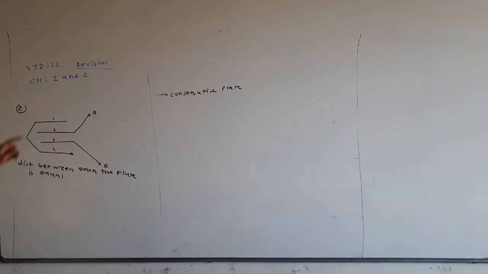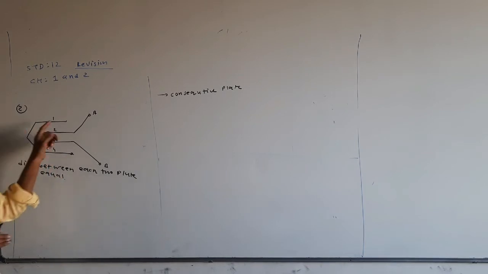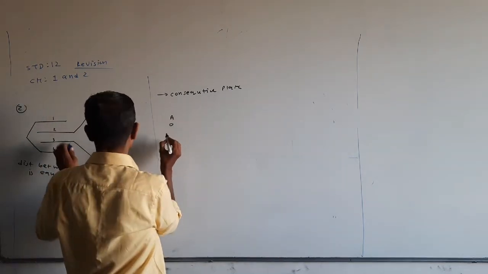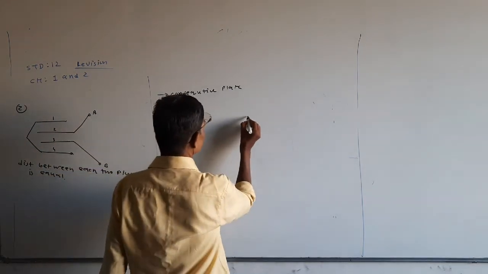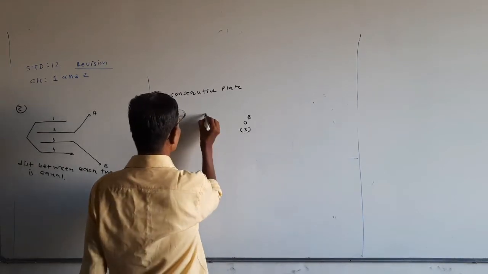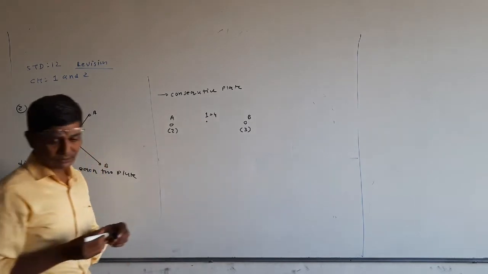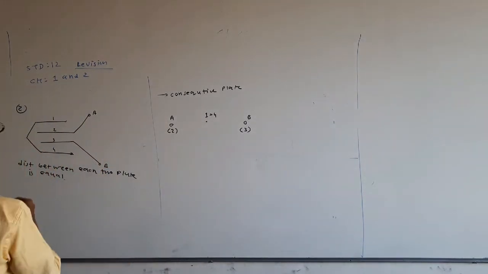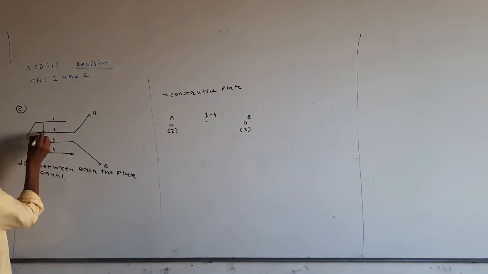Now what we can see here, the points 1 and 4 are the same, because the same plate is bent. So A is connected with point 2, B is connected with point 3, and 1 and 4 are our common points. Here d is the distance between each two consecutive plates.